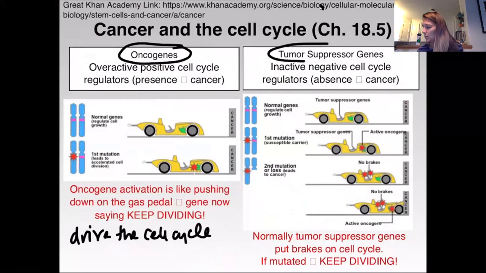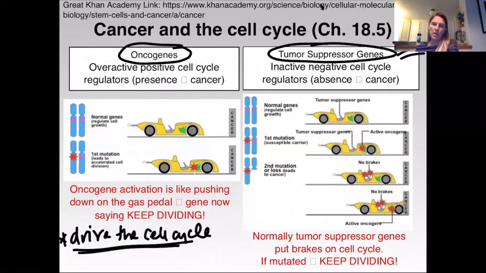And we have tumor suppressor genes, which often act as checkpoint proteins that normally would stop the cycle, but if they're mutated, they will drive the cell cycle. Those are two very common ways that humans get cancer, by mutations in either oncogenes or tumor suppressor genes. Both of those will drive the cell cycle, even if there's damaged DNA or other things wrong with the cell. All right, that's it.